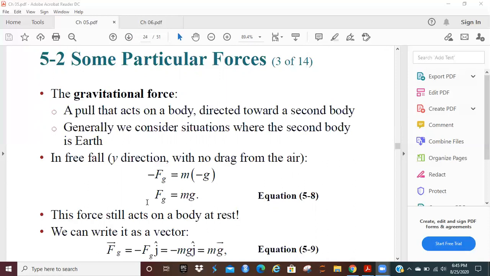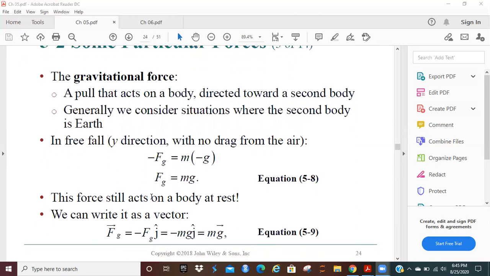Okay, so if you're in free fall, in other words, you're moving in the y direction with no air resistance, then minus F subscript G is going to be the mass times minus g. In other words, the force of gravity is going to be equal to mg.